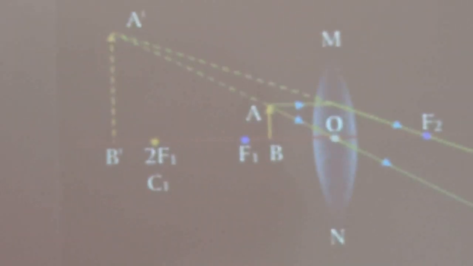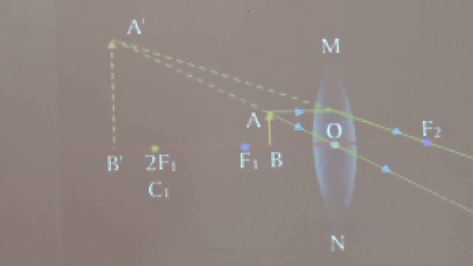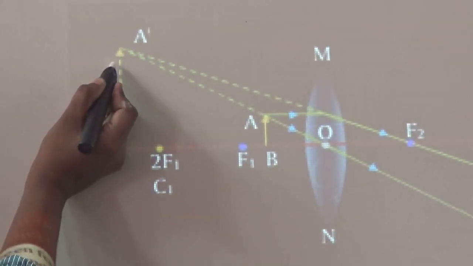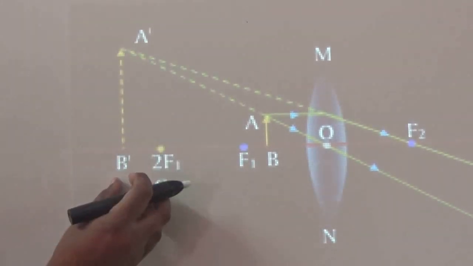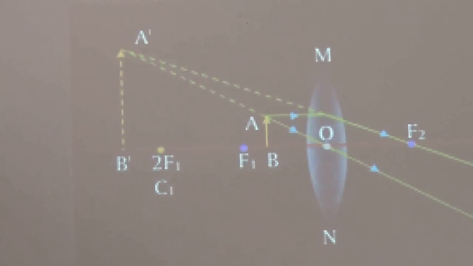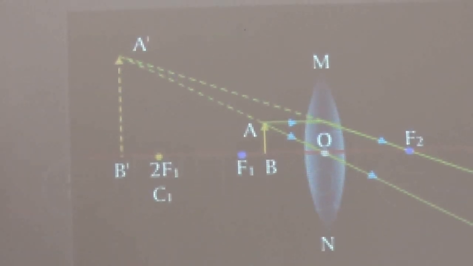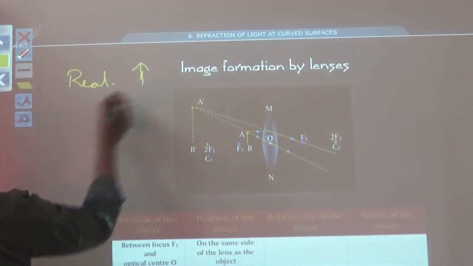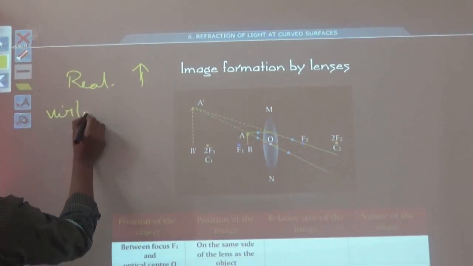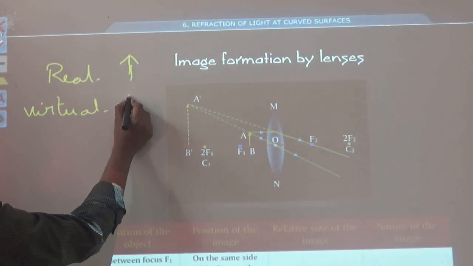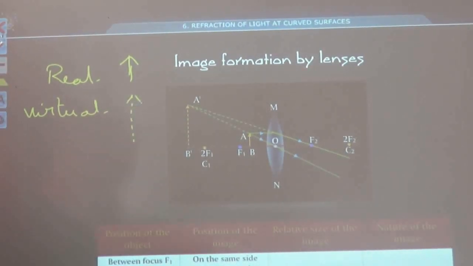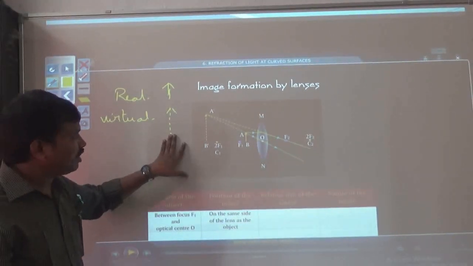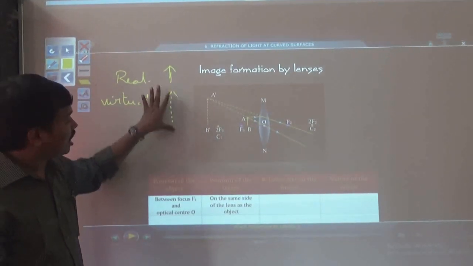While drawing the ray diagram in an examination, the virtual image must compulsorily be indicated with a dotted line. That is how to identify that it is virtual and also erect.